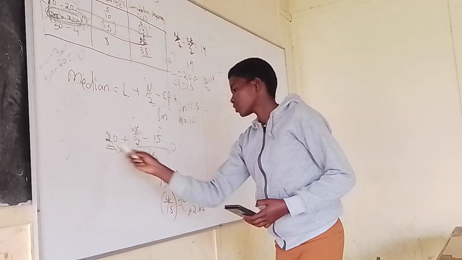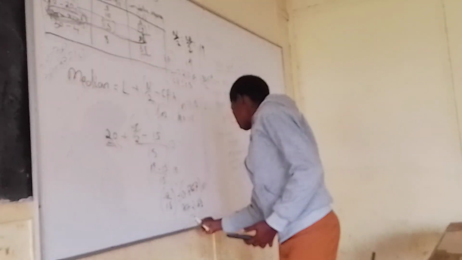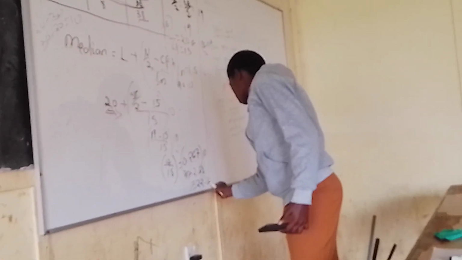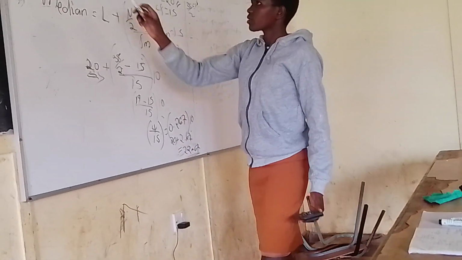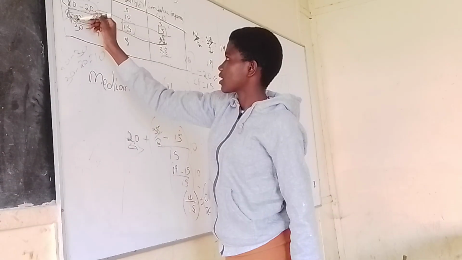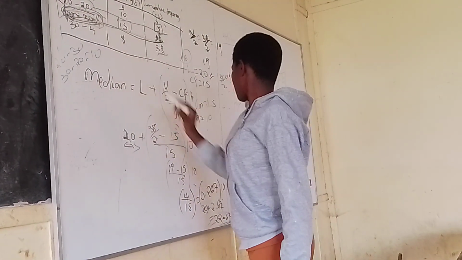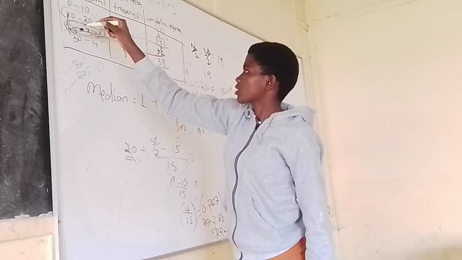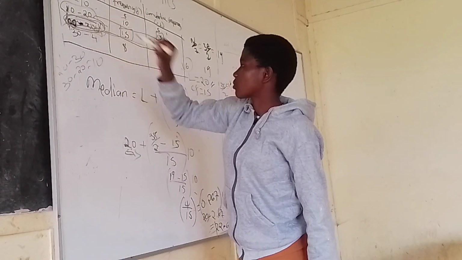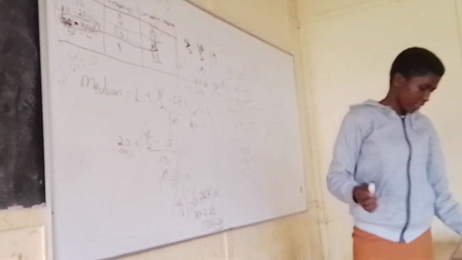Then you add to 20, you get 22.67. So this is the median. Then when you look at the class interval 20 to 30, our value of 22.67 falls in that interval.